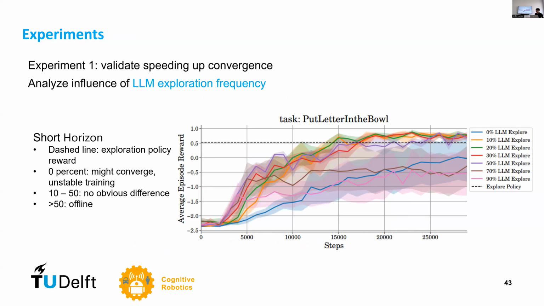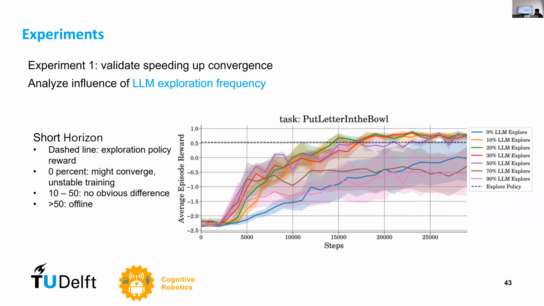Our first experiment is to validate that our method can speed up the convergence of reinforcement learning. And we also want to analyze the influence of the large language model exploration frequency, which is the ratio of the large language model guided exploration steps over all steps that reinforcement learning does.